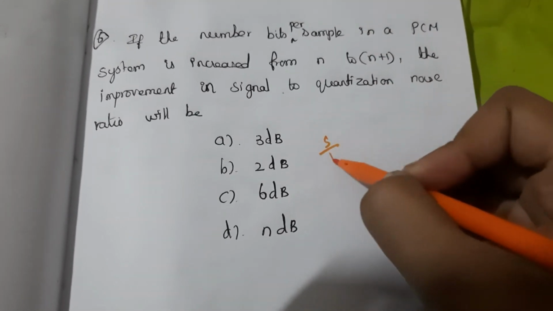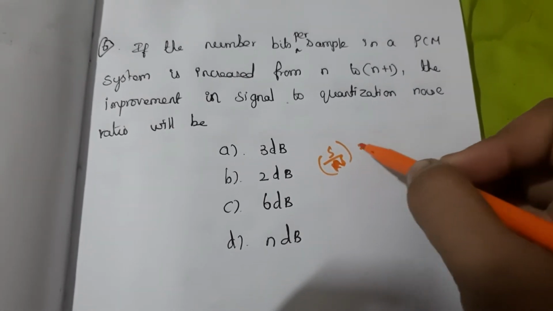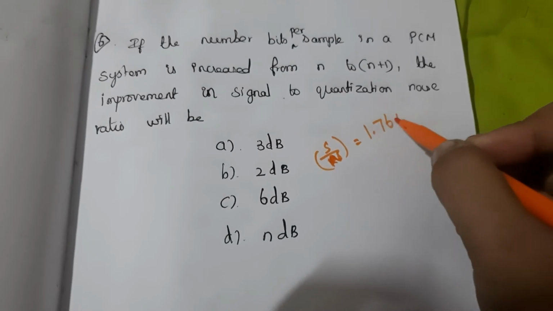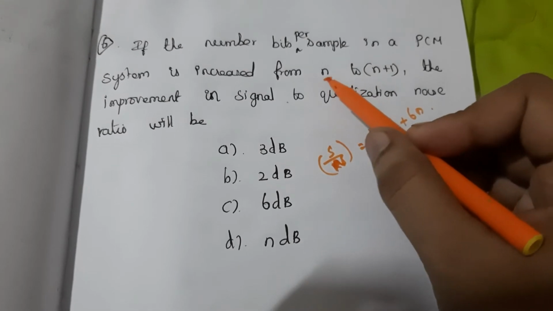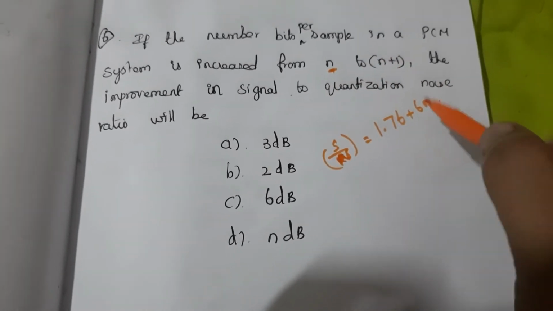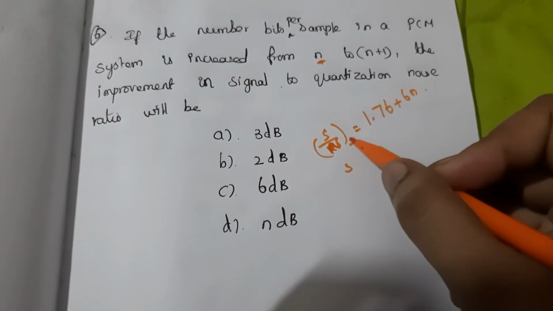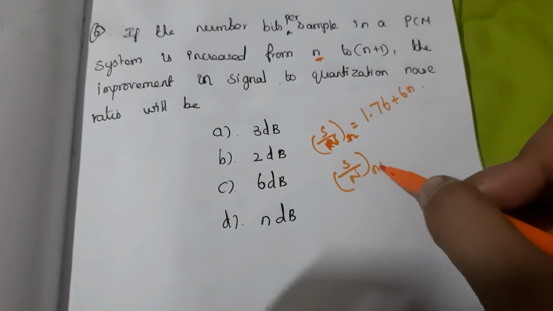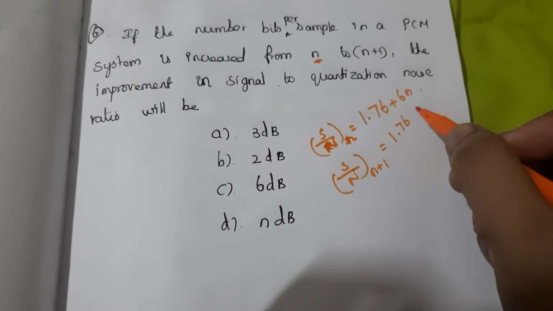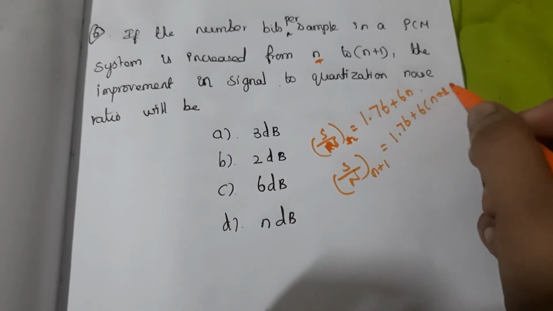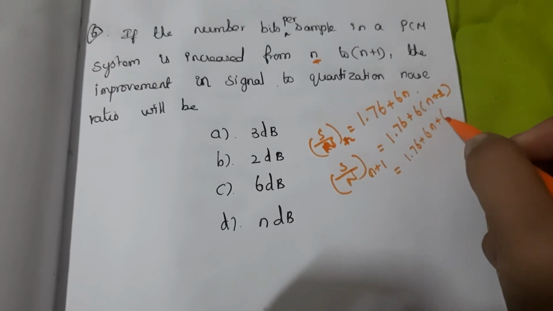As I said earlier, the signal to quantization noise ratio is equal to 1.76 plus 6n for the normal case of n bits. Now when n is increased to n plus 1, the signal to noise ratio becomes 1.76 plus 6 times n plus 1. So we will get 1.76 plus 6n plus 6.